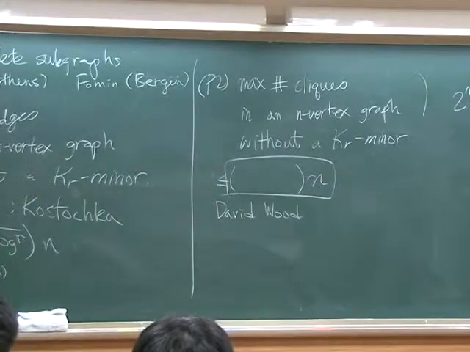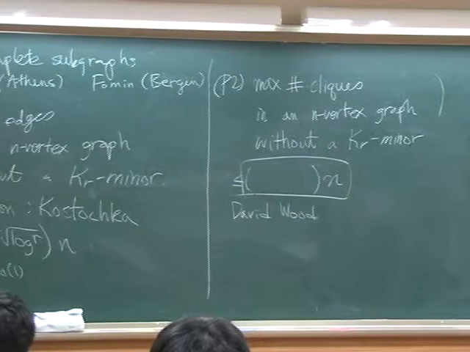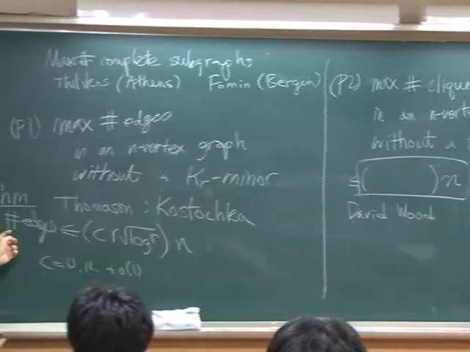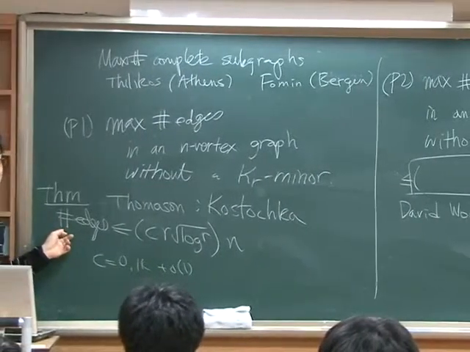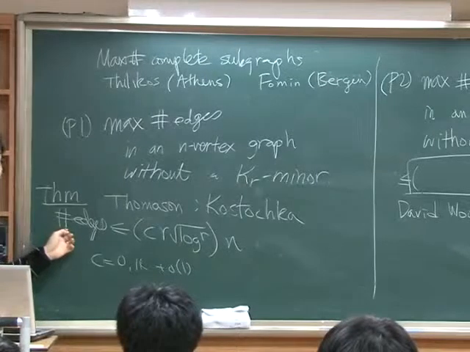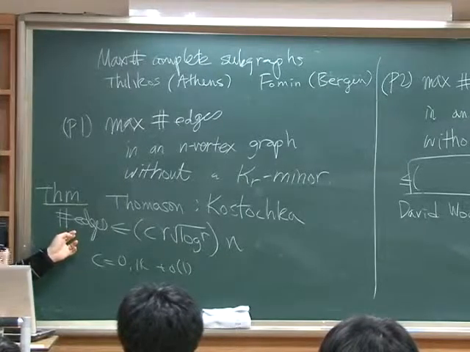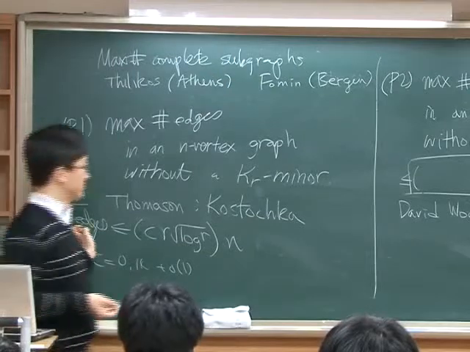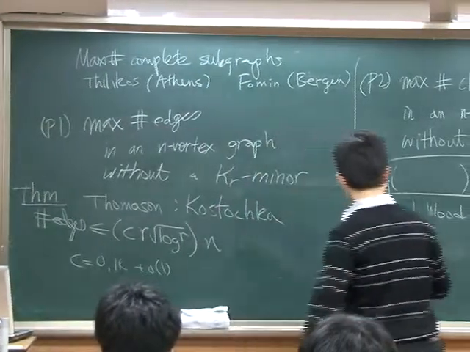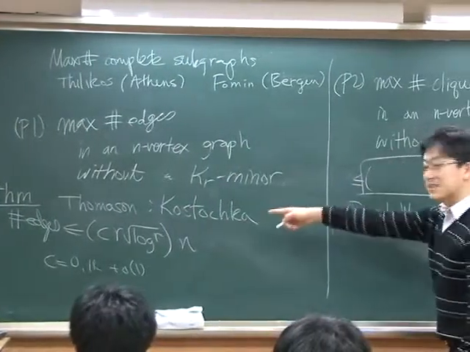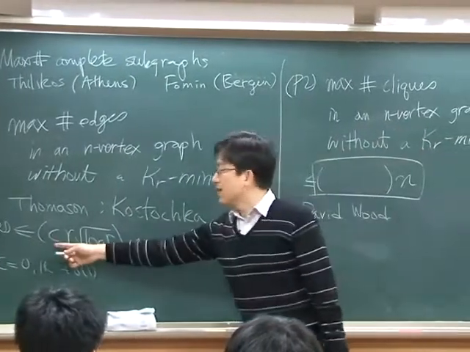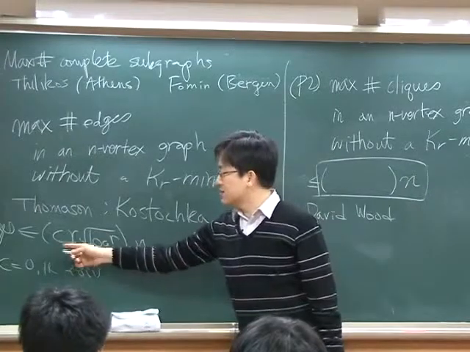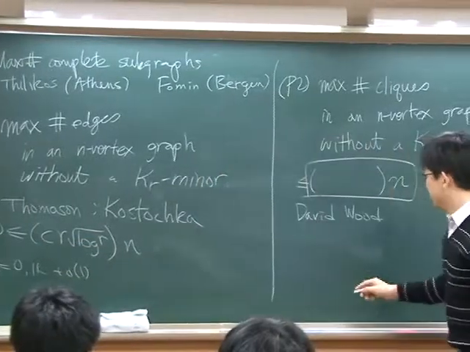Look at this theorem. The number of edges is at most a constant times r times square root log r times n. That means the average degree of such a graph is bounded, right? Because of this theorem, the average degree is at most twice constant r square root log r.